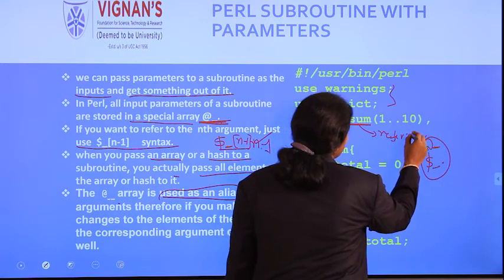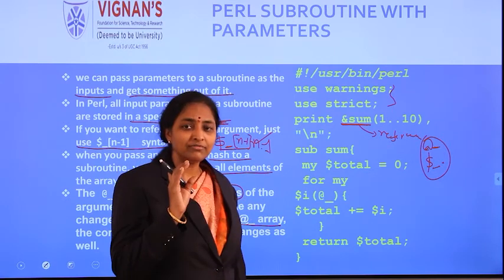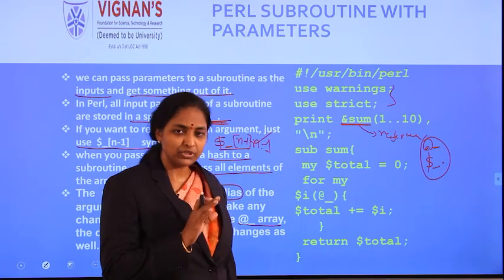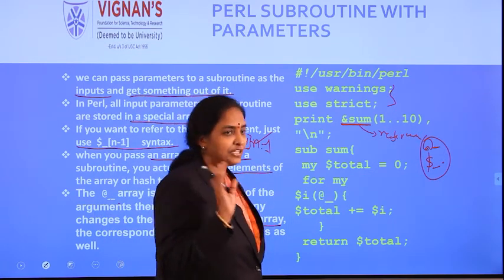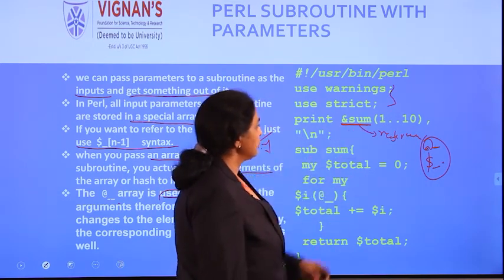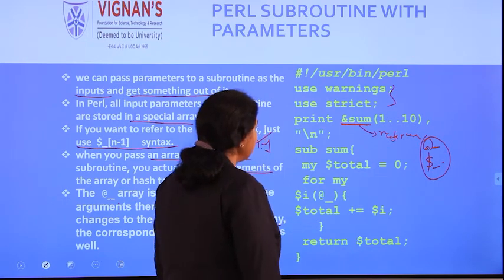That you shouldn't forget. So here sum refers to a function call. That function call or subroutine call is referred to as the reference. That is the clear-cut meaning. So print ampersand of sum 1 to 10 and newline. This is the statement you are having here.